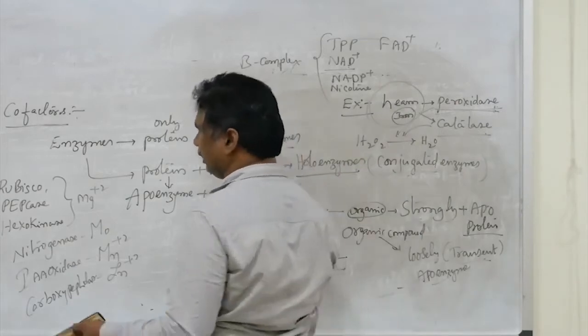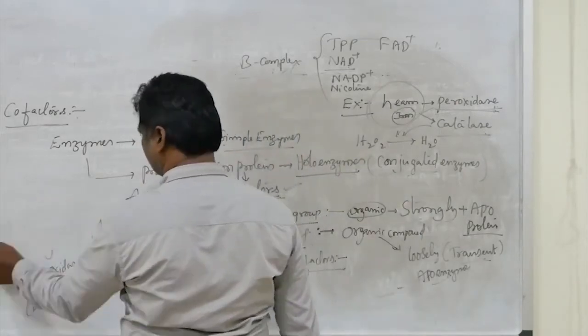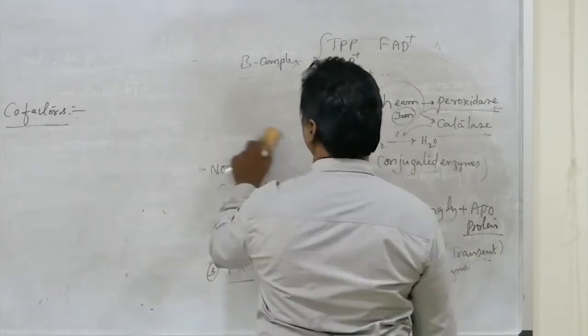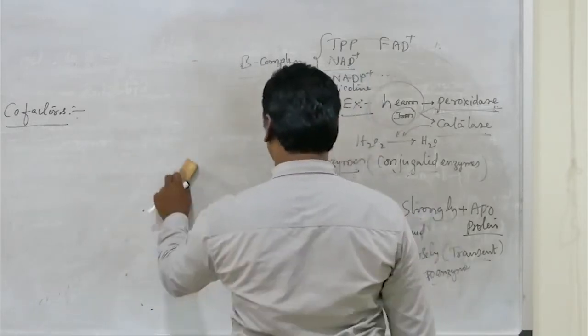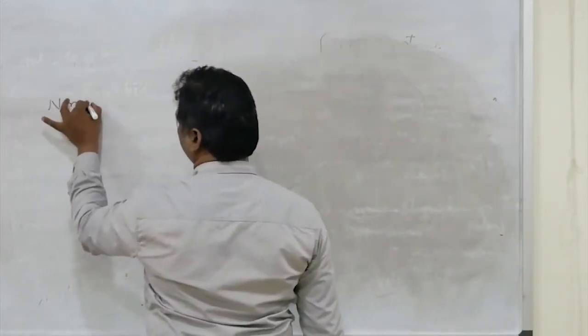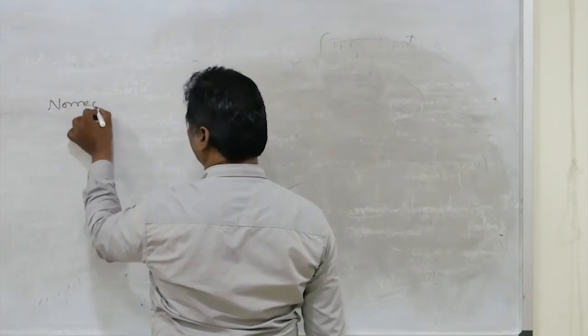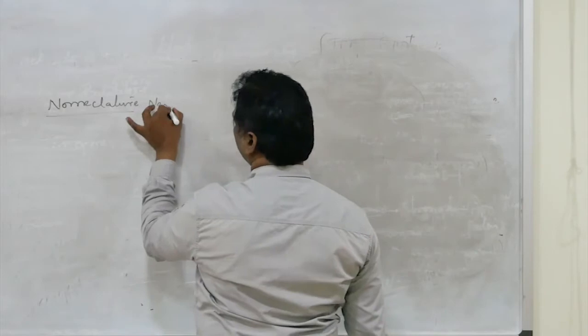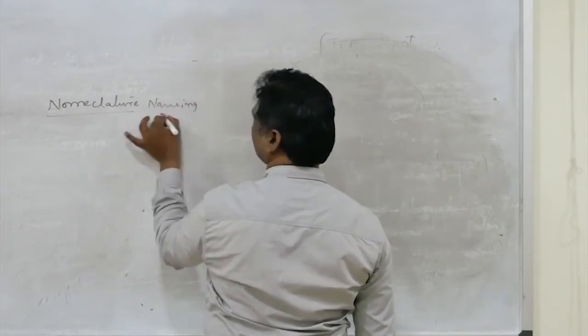Finally, we come to the last topic: enzyme nomenclature and classification. The nomenclature of enzymes is not clearly given in your book, but you can see this. Nomenclature means naming of the enzymes.